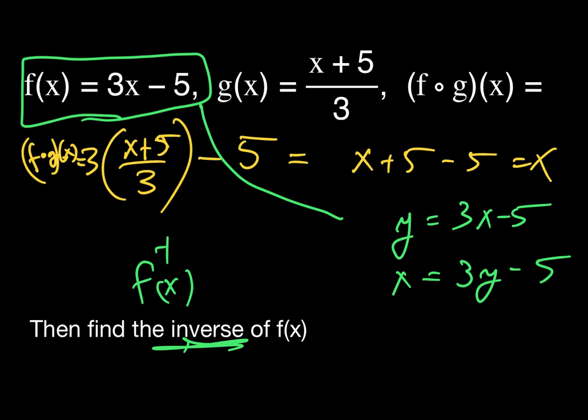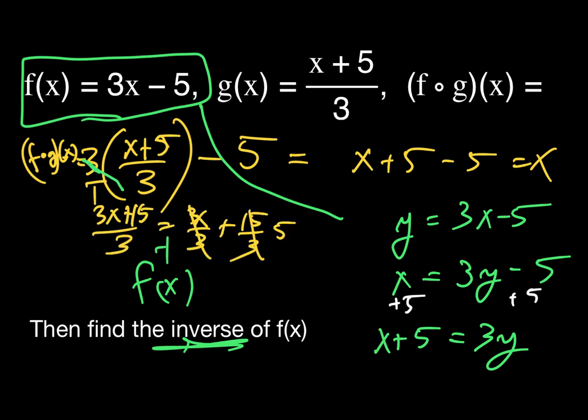So to find the inverse, you rewrite the f of x as y, and then flip-flop the x and the y. And now we need to solve for y. Add 5 to both sides. And then last thing, I'll have x plus 5 over 3 equals y.